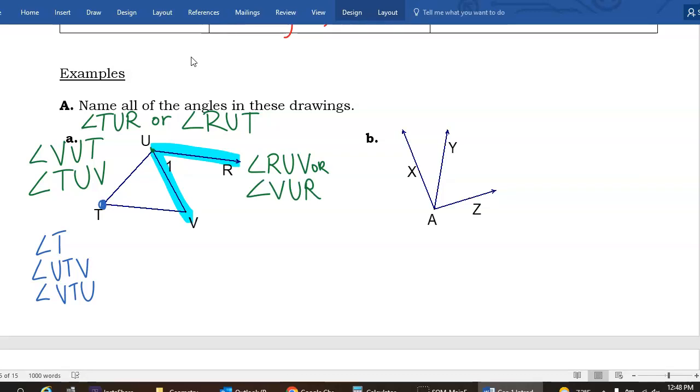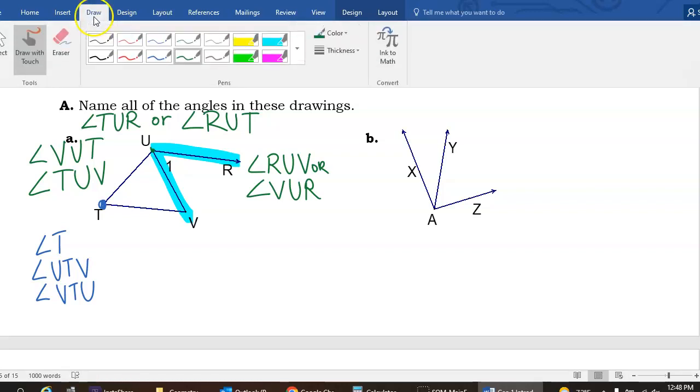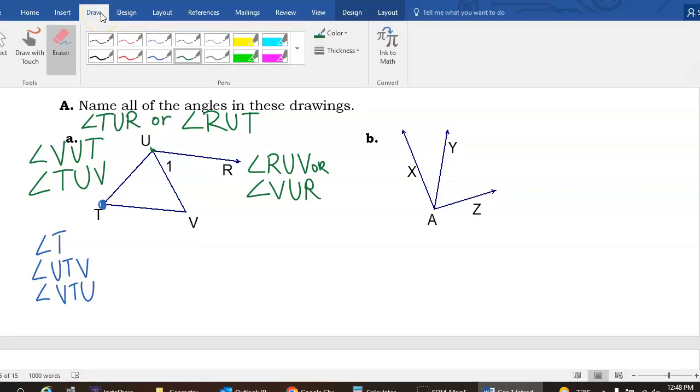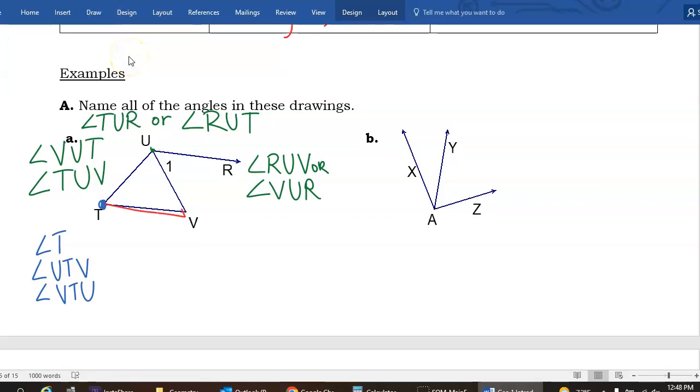So I've got 1, 2, 3, 4. I see one more angle in this picture that I haven't labeled yet, and that is the angle that has V as a vertex. So right here, I can say angle TVU, or I can say angle UVT. A lot of angles.